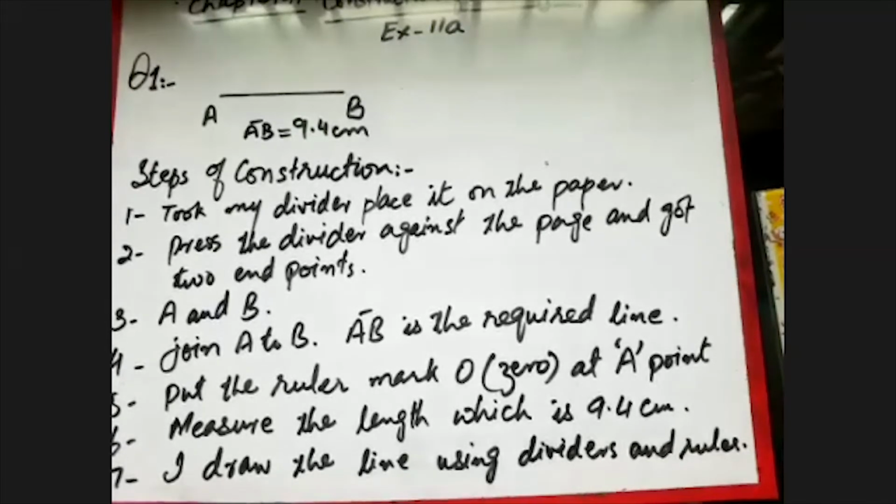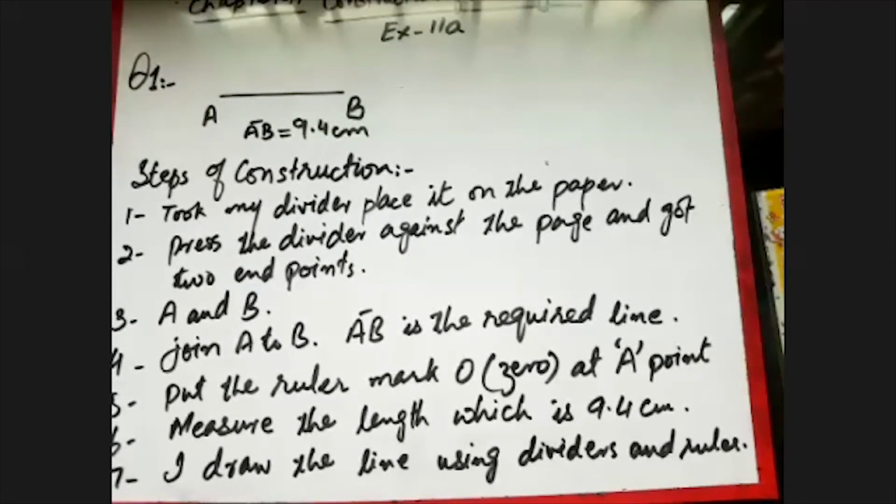These are the steps of construction. What you have done with the ruler and with the help of the divider, and you get the line AB. So you explain all the procedure in words. Make the points 1, 2, 3, 4, 5, 6, 7, or whatever you want to write in your own words. You can write it down, but explain how you draw.